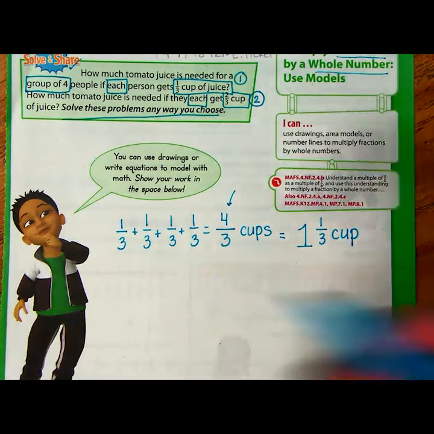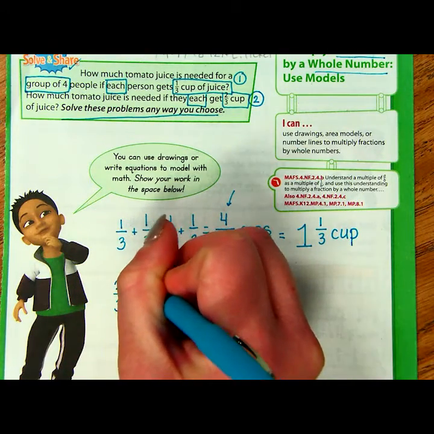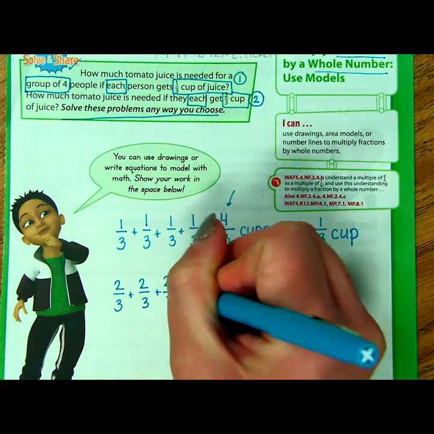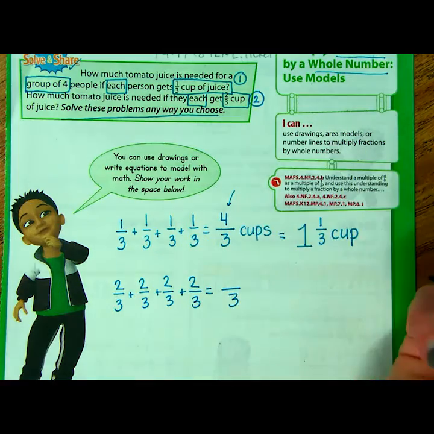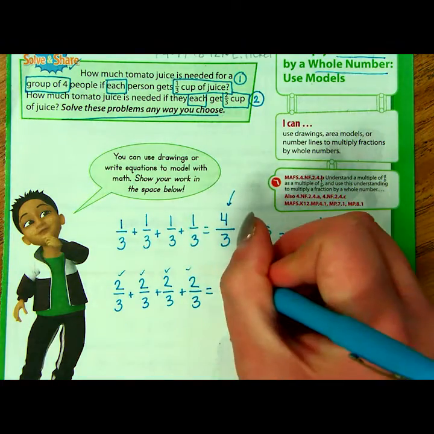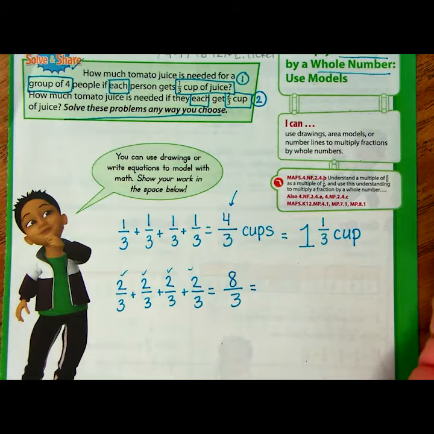2/3 cup. Well, that would be the same as adding 2/3 plus 2/3 plus 2/3 plus 2/3. Again, the denominator does not change. We add the numerator. 2, 4, 6, 8. 8/3. Again, we should probably change that to a mixed number.